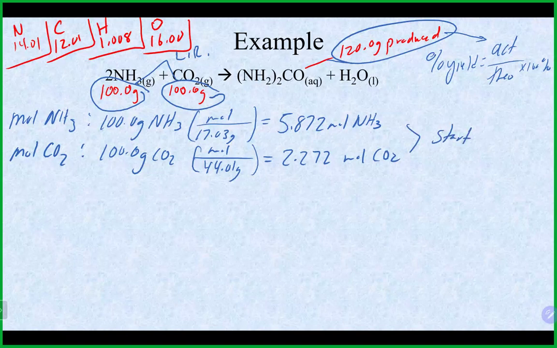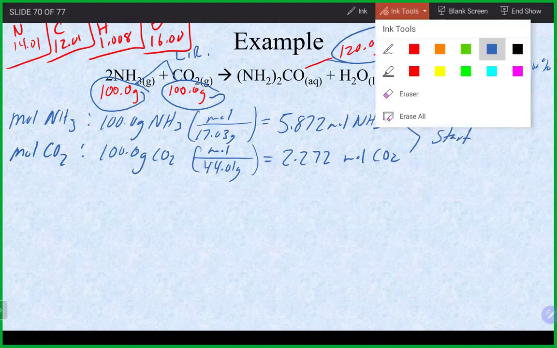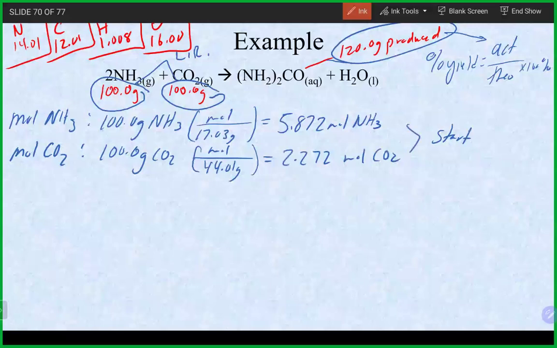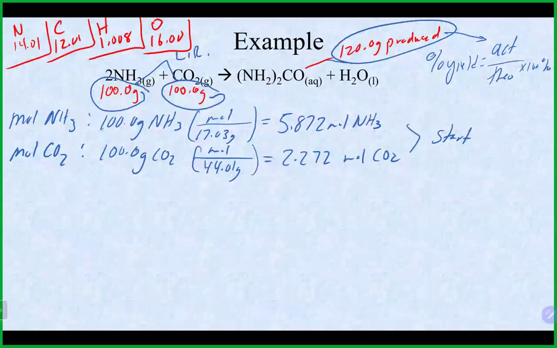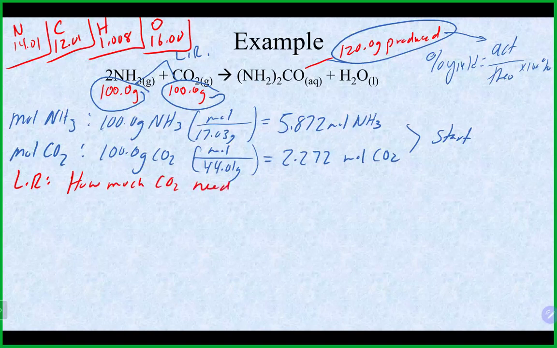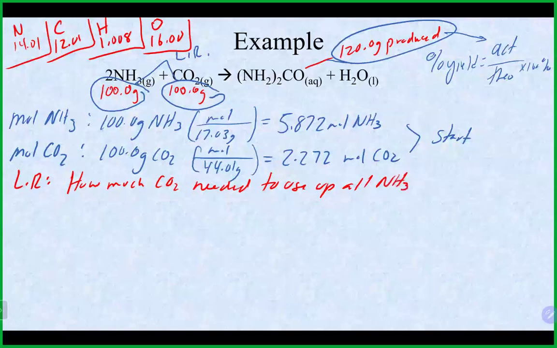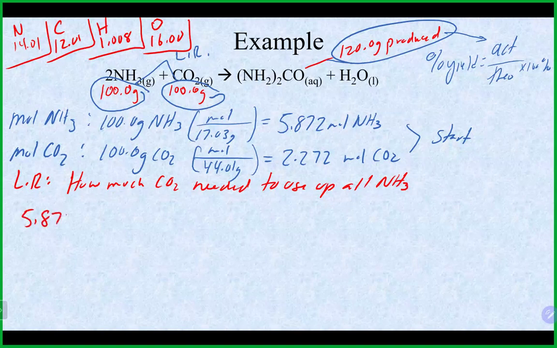Because it is a limiting reagent problem, I'm going to do that calculation between our two reactants. So in this case, I want to find out how much CO2 is needed to use up all the NH3. So I'm going to take my NH3 moles that I'm starting with.